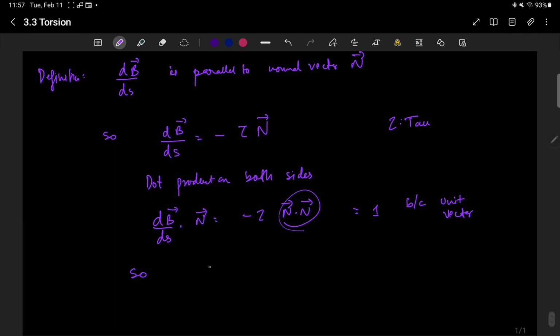So we get this equation: tau is negative dB over ds dot the N vector, and this is defined as the torsion.